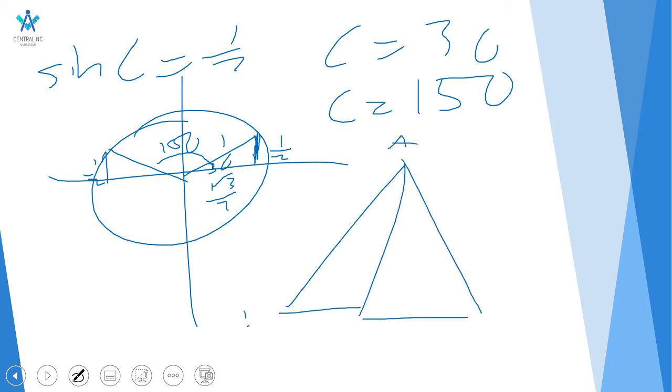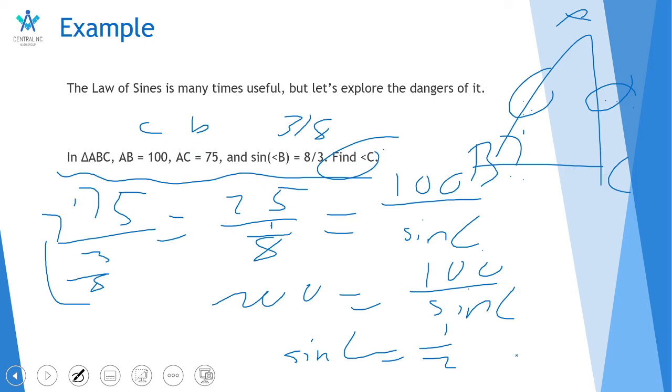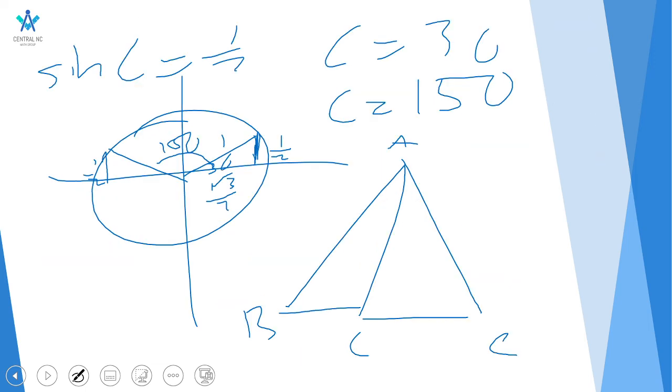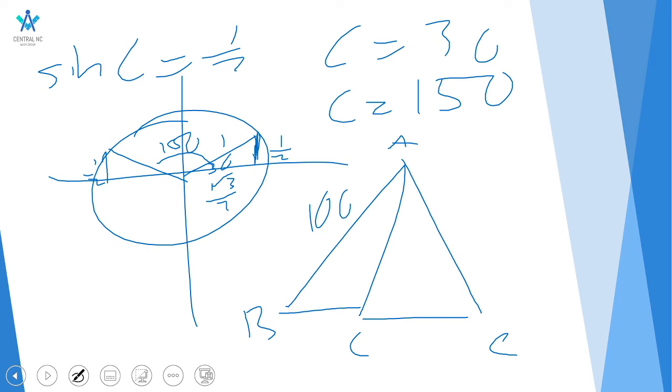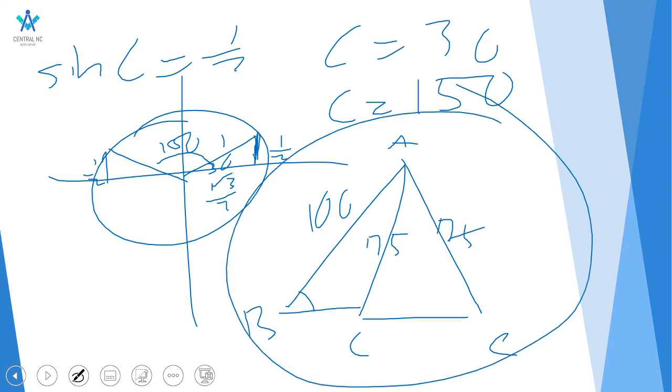C could be here, C could be here. You really don't know. Like we had AB equal to 100 and AC equal to 75, but this is 75, and this is also 75. The angles still stay the same, so that's kind of a danger of the law of sines, and just watch out for that kind of stuff.